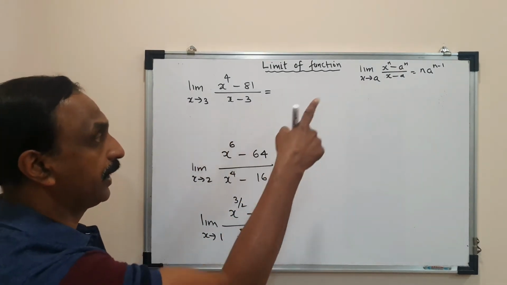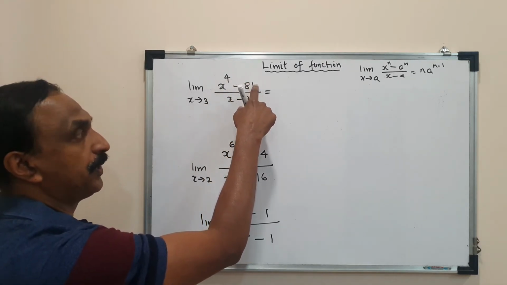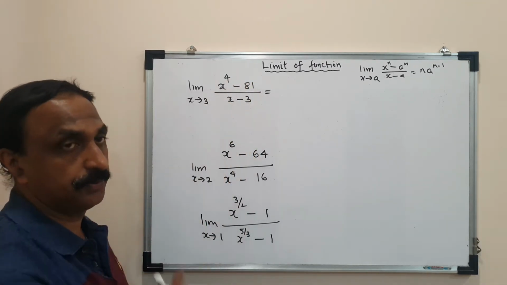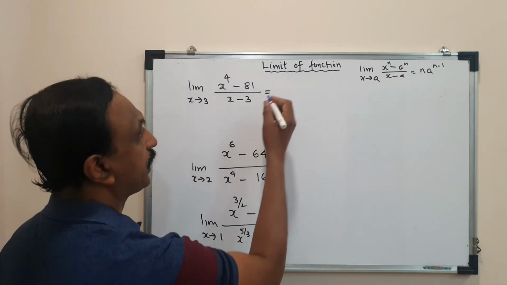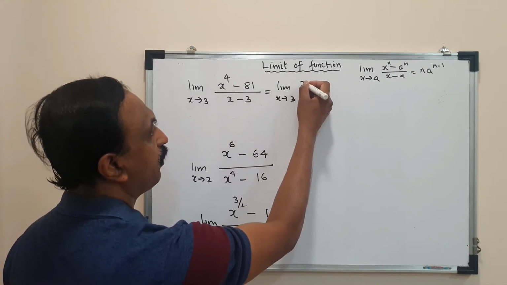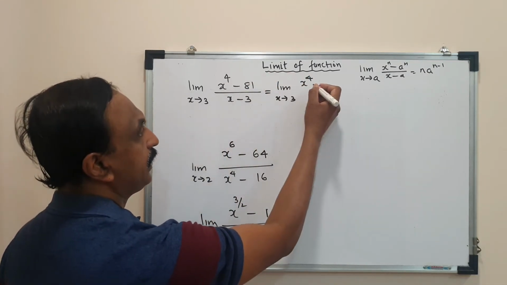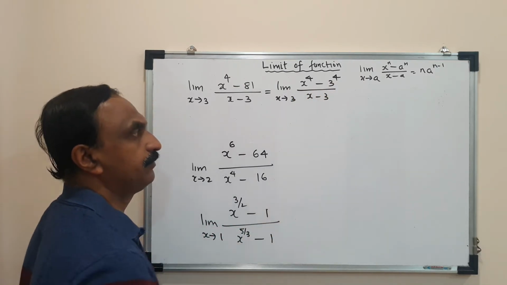So the condition to apply this formula is, if x is tending to 3, x's power and 3's power should be the same and it should be x minus 3. The difference of both should be the denominator. So I can write this way, limit x tending to 3, x to the power 4 minus 81, naturally, 81 is 3 to the power 4. Otherwise, you cannot apply this formula.